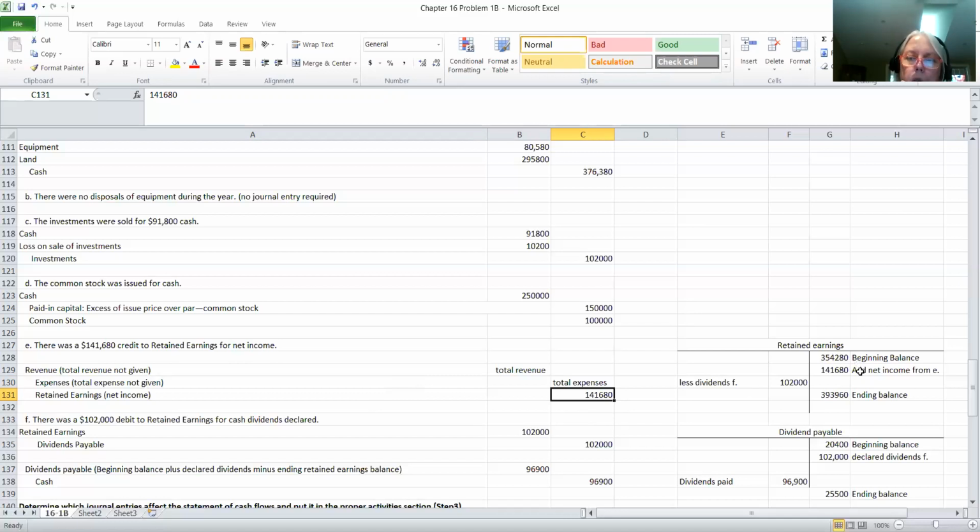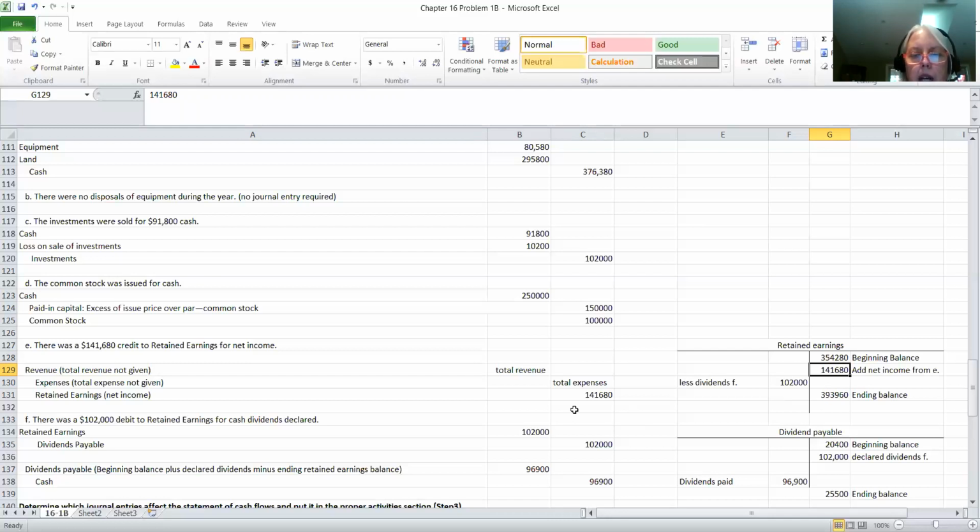So over here on the right-hand side, I've listed a T account that represents the ledger account for retained earnings. This beginning balance came from 2008. That was given on your balance sheet information. What you're going to do is add the net income to that, because net income will add to retained earnings.